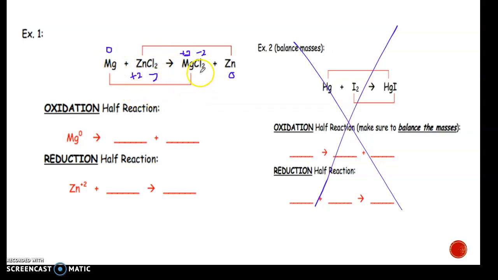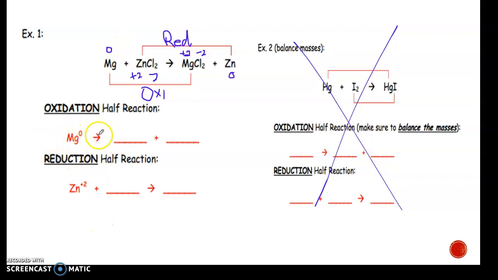Because it's going from 0 to +2, it is oxidizing because it is becoming more positive. For zinc, as we go from Zn +2 to 0, we are reducing because we are becoming more negative.